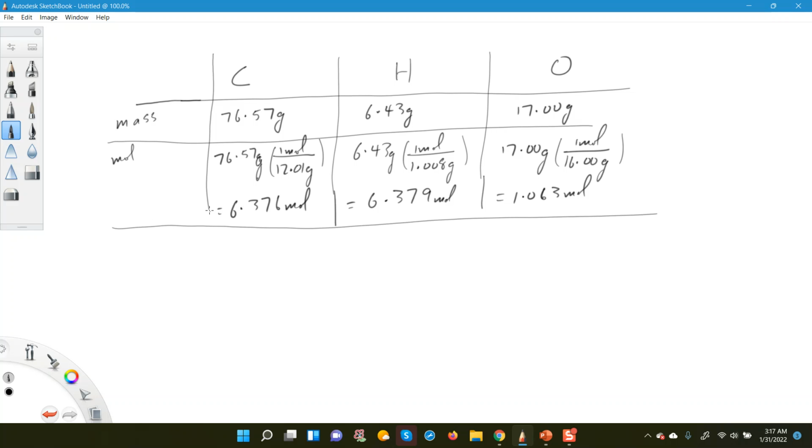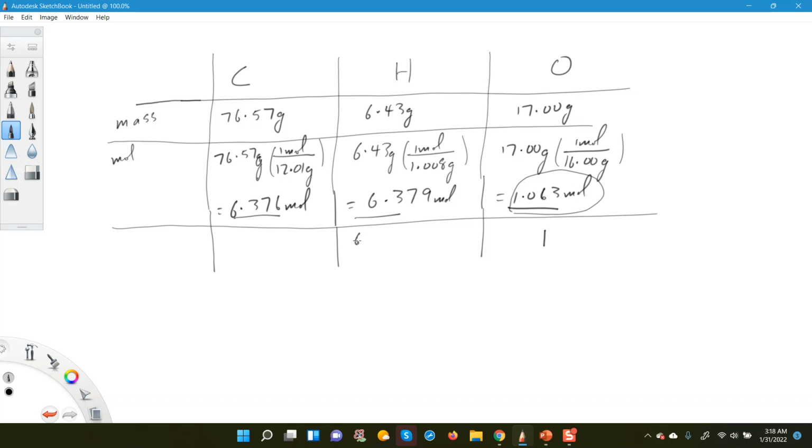So the next part, as I said before, is to determine the simplest ratios for these numbers right here. And the way we do that is that we basically identify the lowest mole value, which in this case would be the 1.063 moles, and we divide each of these numbers, including this one, by that number, the 1.063 moles. So of course, when this is divided by itself, you're going to get 1.